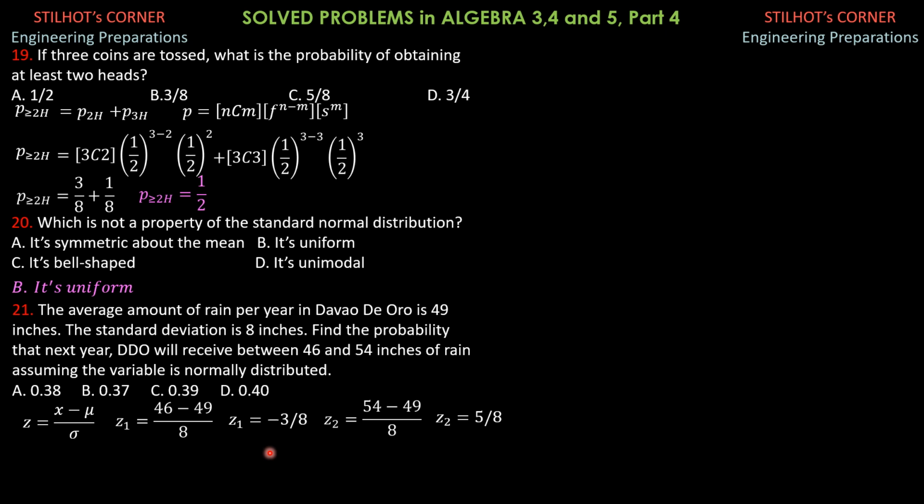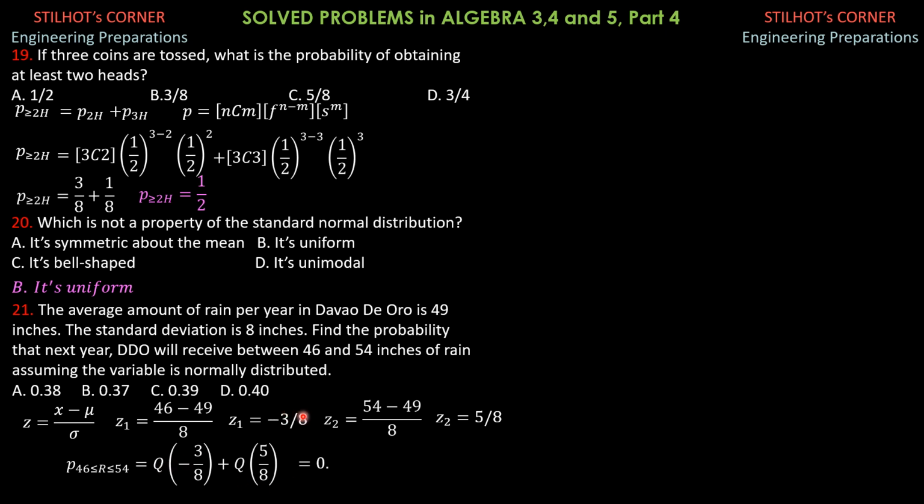So using your calculator in statistics mode, select mode 5 distribution. So the probability that 46 inches is less than the rain, less than 54 inches, is equal to Q of negative 3/8 plus Q of 5/8.